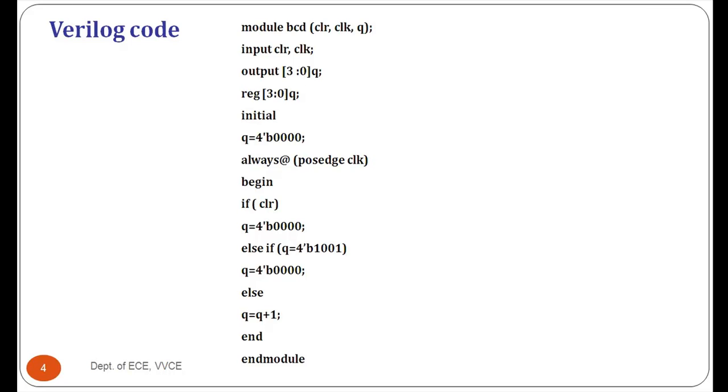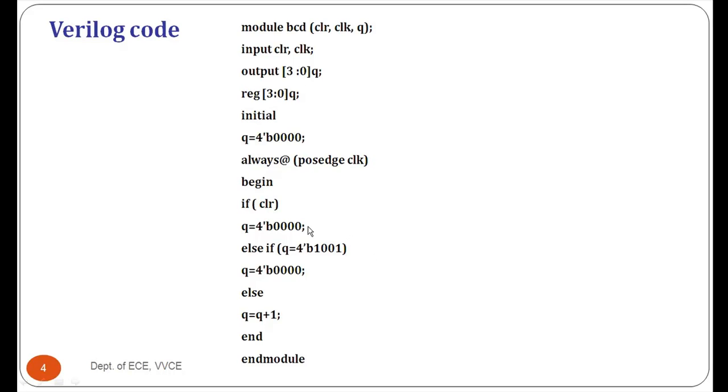Each value of Q is stored in a register for the behavioral simulation, and we are initializing the starting value of the counter equal to 0000. That means Q is equal to 0000 initially, and always for every positive edge of the clock input, if clear is equal to 1, then Q will be initialized to 0000, and the counter starts incrementing from the count value 0000 up to 1001.